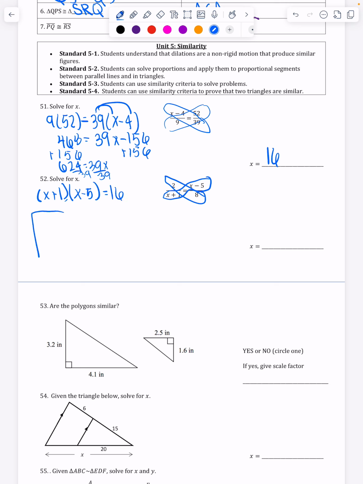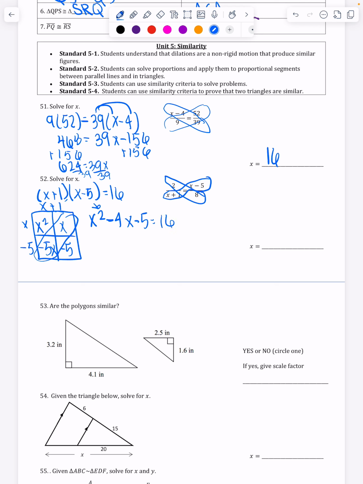So I'm going to go ahead and use the box here, and x plus 1 I'll put here, and x minus 5 I'll put here. So this will be x squared, this will be x, this will be negative 5x, and this will be negative 5. Okay, so remember on the diagonal, that's always where you can combine your like terms. I'm going to end up with x squared minus 4x minus 5 equals 16.